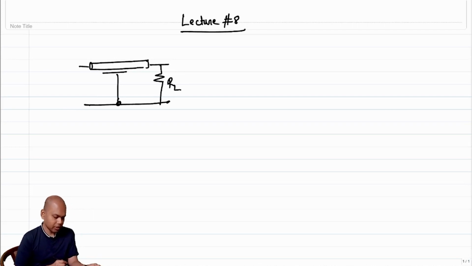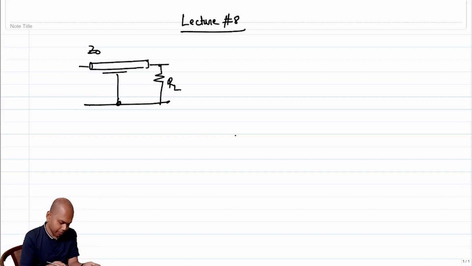The characteristic impedance of the transmission line is Z0, and RL is not necessarily equal to Z0. How should we proceed?